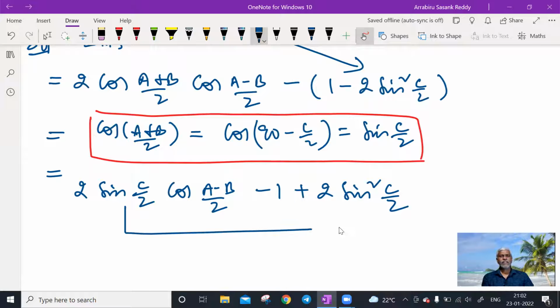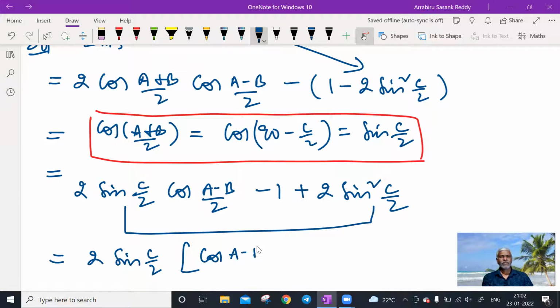So taking 2 sin C/2 common, 2 sin C/2 times [cos (A−B)/2 plus sin C/2], and this −1 I am writing last.